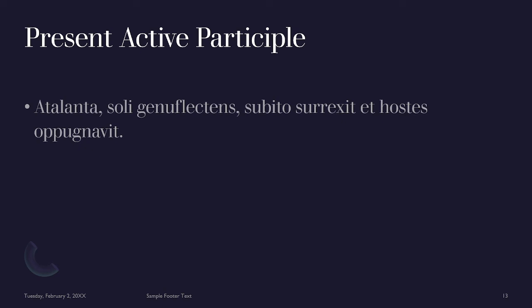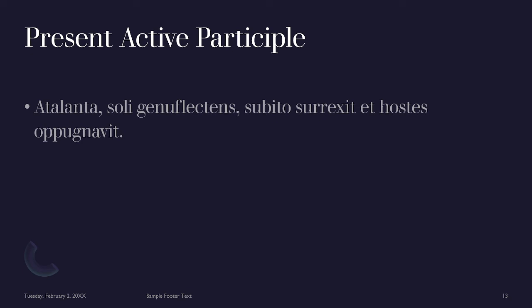Okay? And notice how this is written. Atalanta soli genuflectens. So where is she kneeling? Solely on the ground. That comes between Atalanta and the participle modifying it. So it's kind of like the way a normal sentence is written. Atalanta is the subject, quote unquote, of the participle.